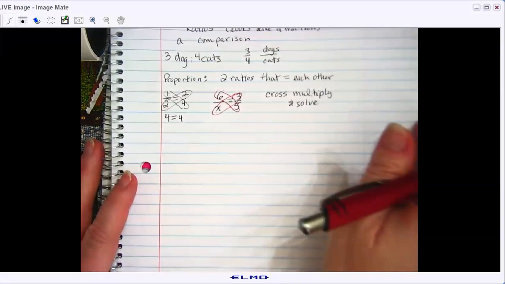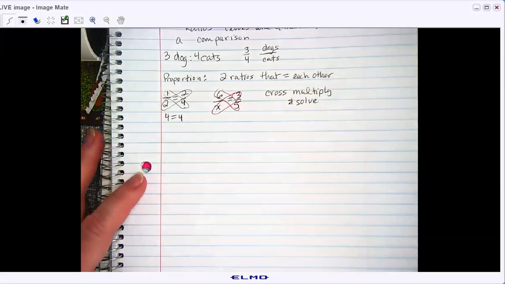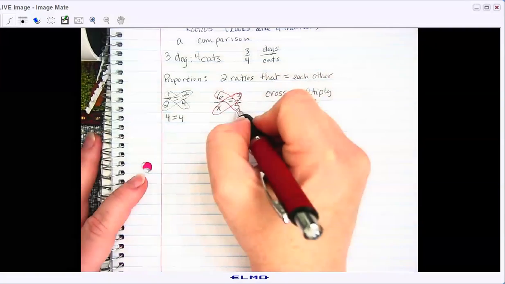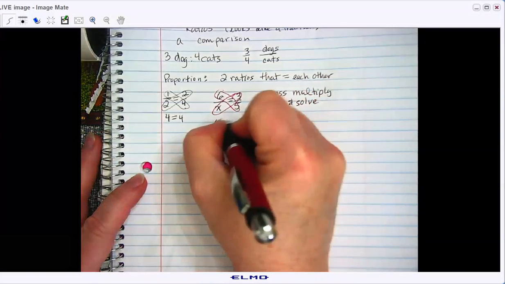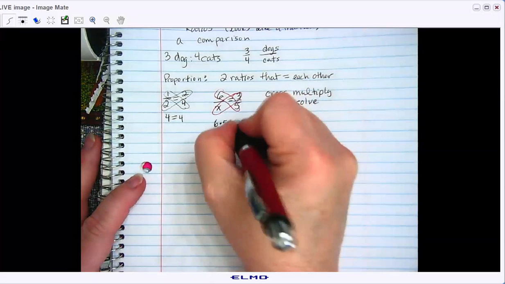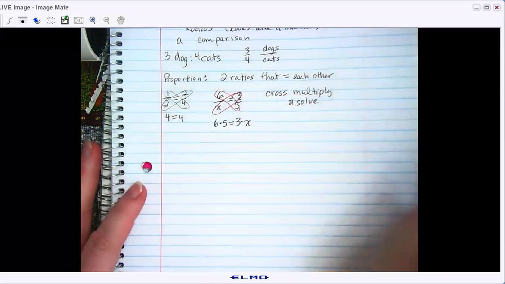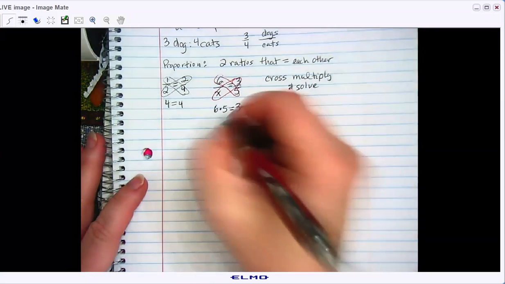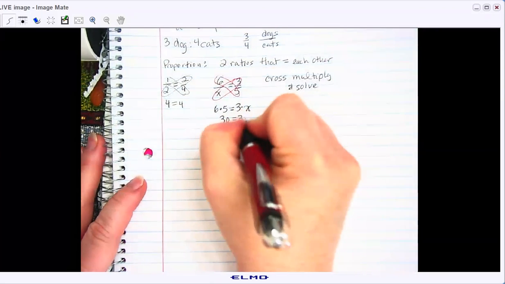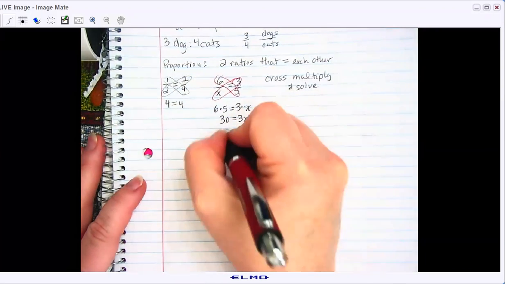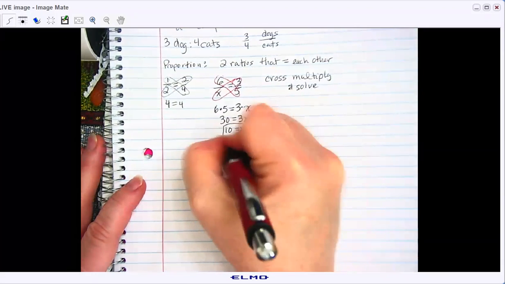Cross multiply and solve. So the 6 times 5, and I'm going to write it out so we can see what we're doing, and then 3 times x. But most of us would just write 30 equals 3x. So 30 equals 3x, divide both sides by 3, we get 10 equals x. And you're done.